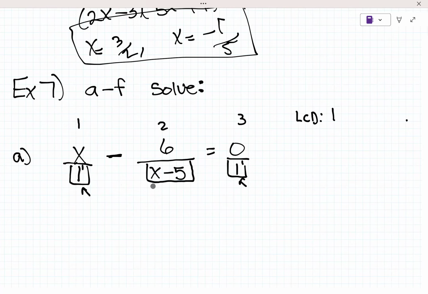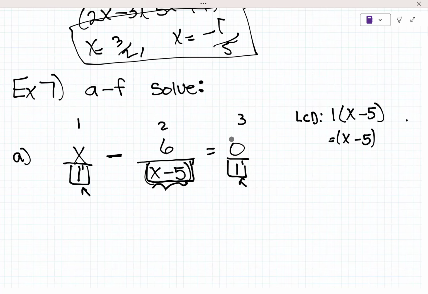The x minus 5 is really one single term, x minus 5 to the power of 1, and it's a non-repeating base, so just bring it down. If you have a repeating base, you pick the one with the highest power. If you have a non-repeating base, just bring it down. So this is our LCD. It's 1 times x minus 5, which is the same thing as x minus 5.